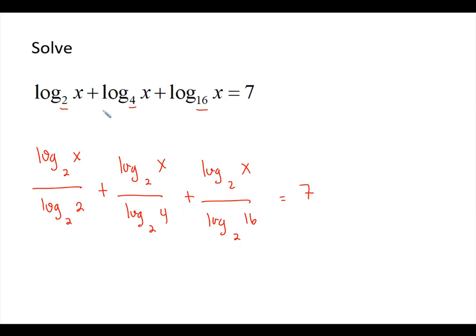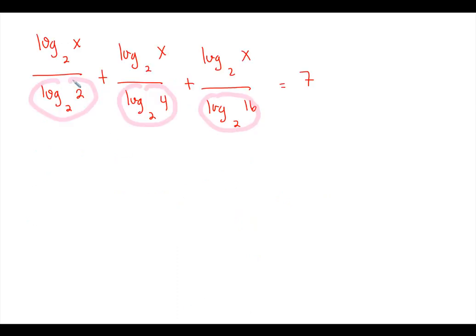The only thing I've done is change these logarithms into log base 2 using the change of base formula. The reason this helps is that if you take a look at the denominators now, if you simplify them, they all become regular numbers.